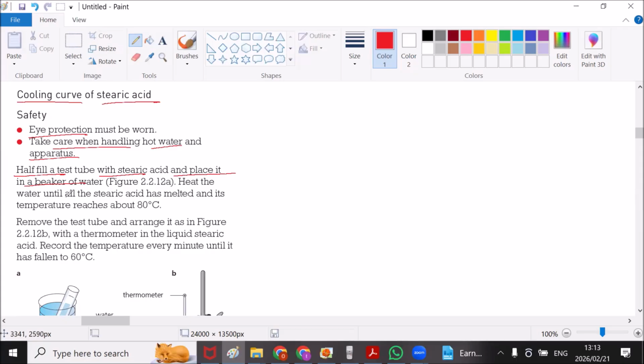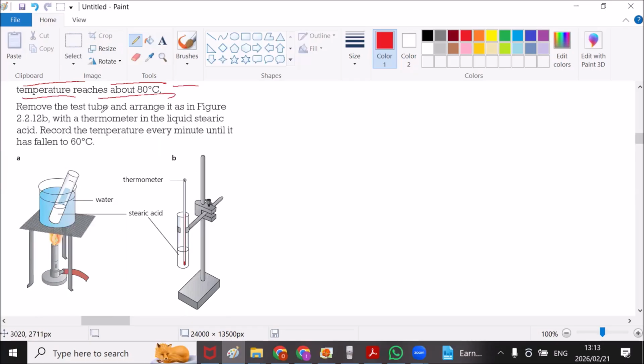Heat the water until all the stearic acid has melted and its temperature reaches about 80 degrees Celsius. Remove the test tube and arrange it as B, which is this one, with a thermometer in the liquid stearic acid.